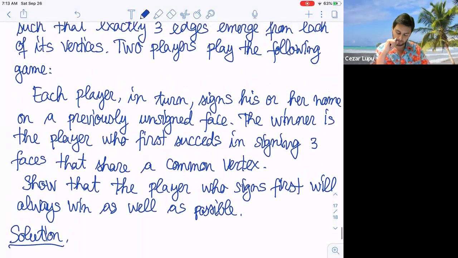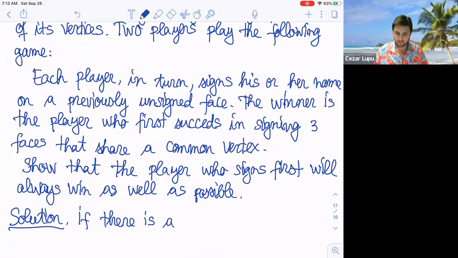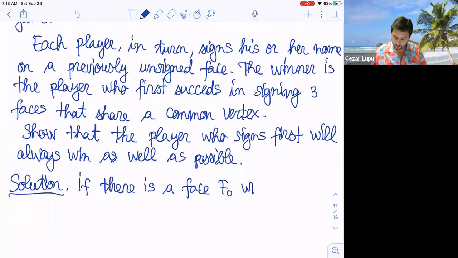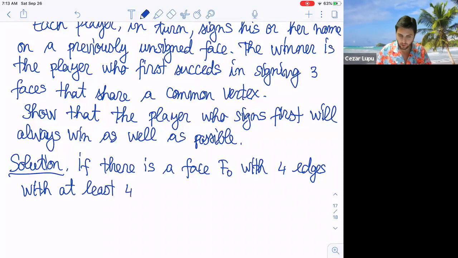All right, let's think. Well, if there is a face, let's call this F0, with 4 edges, with at least 4 adjacent faces.